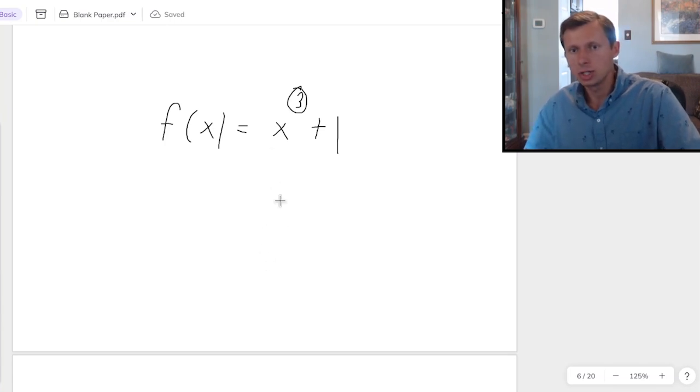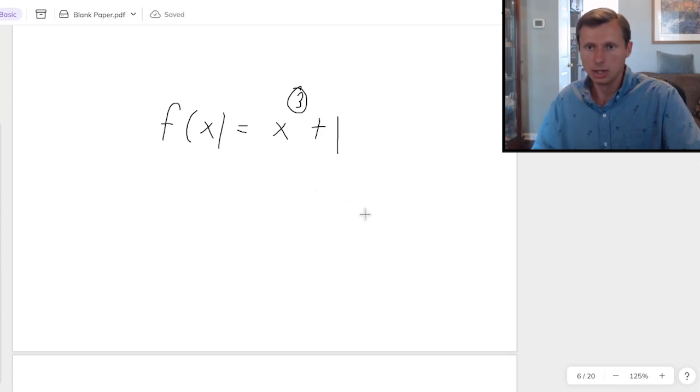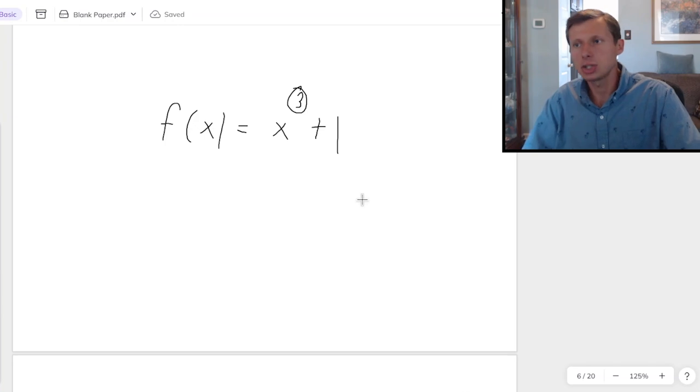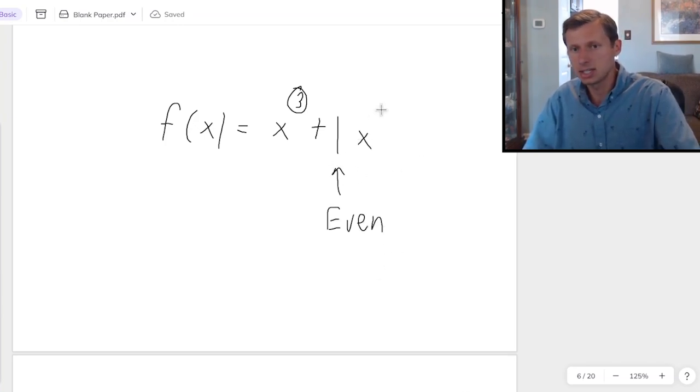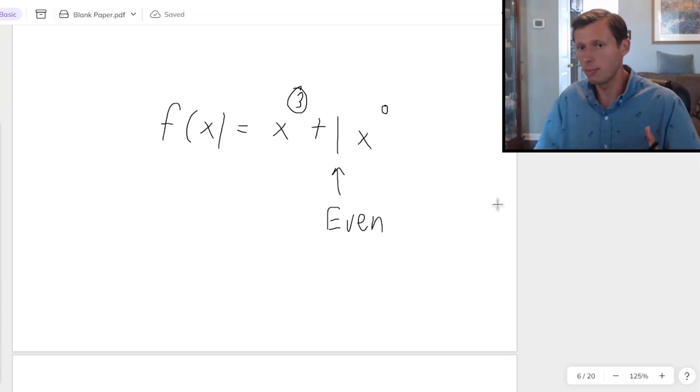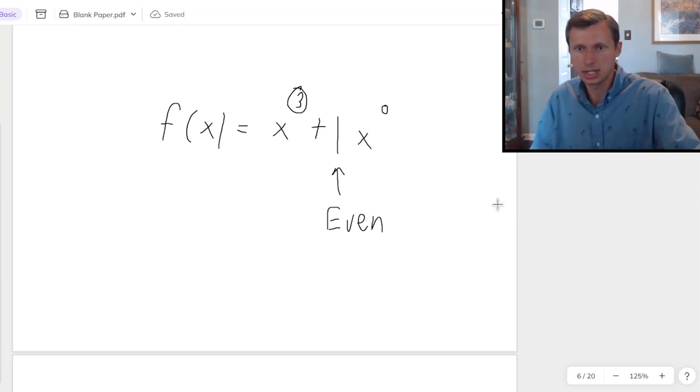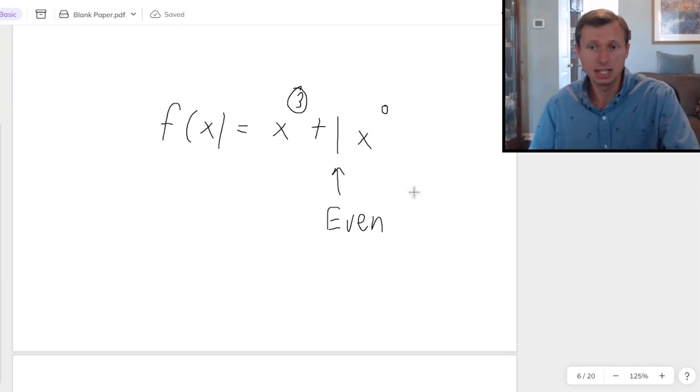I know the x cubed is odd, but if you ever have a constant like plus 1 or plus 50 or minus 22 or any constant, constants are always even. The reason why is this is technically x to the 0, because anything to the 0 power is just 1, so it kind of disappears, and 0 is an even number.